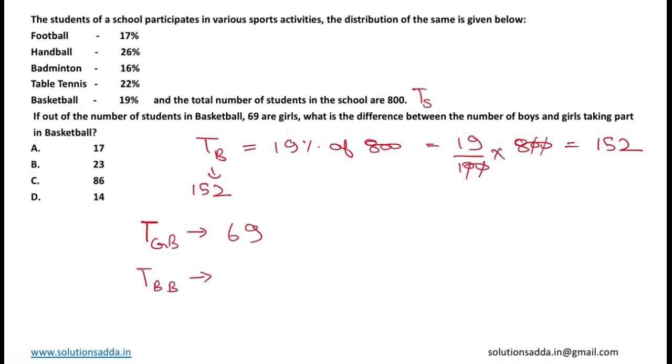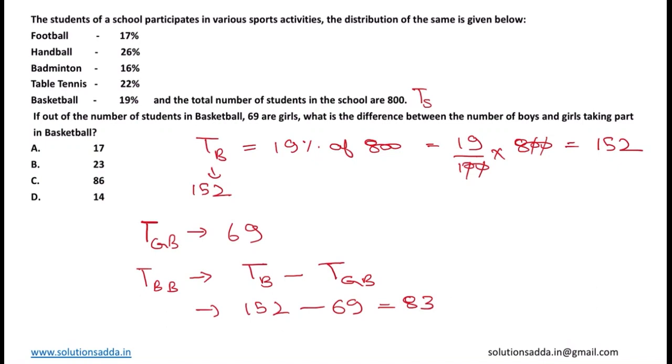So TBB would be total number of students in basketball minus total number of girl students in basketball. It will be 152 minus 69, that is 83. Hence total number of boy students in basketball is 83.